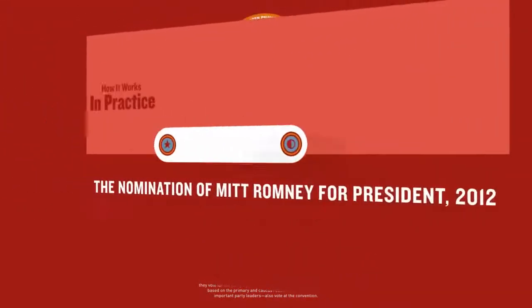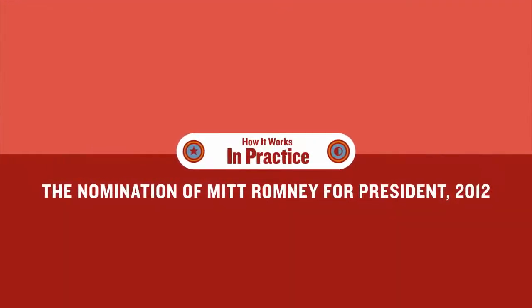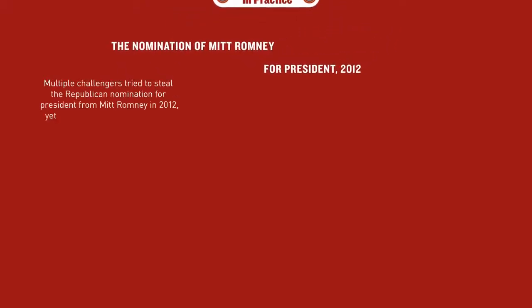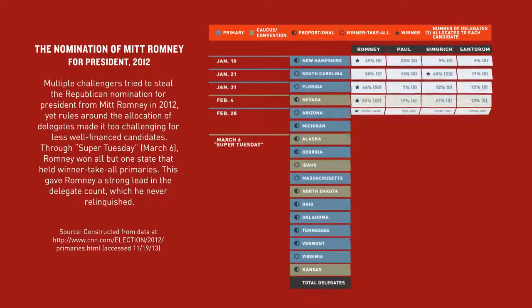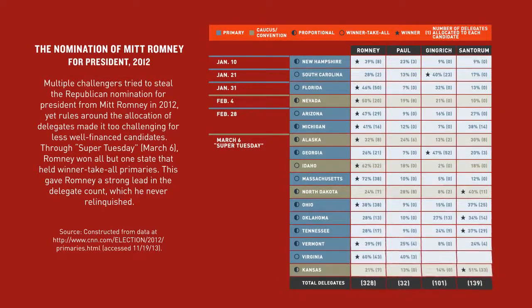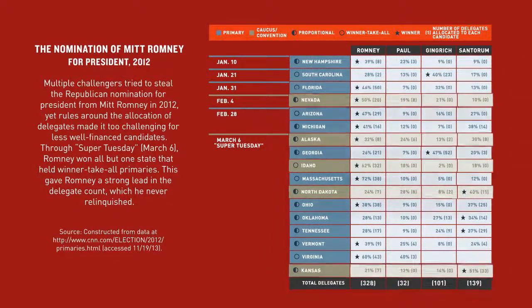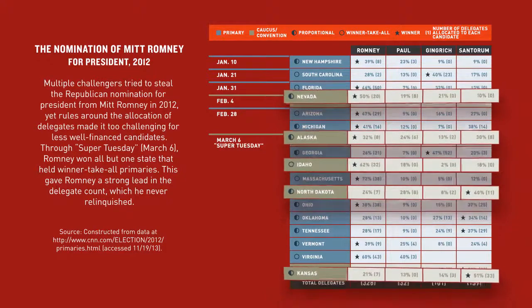To get a sense for how all this comes together, let's look at the Republican nomination of Mitt Romney for president in 2012. This chart helps bring to light all the state-to-state differences that we just discussed. First, notice that there are both primaries and caucuses.